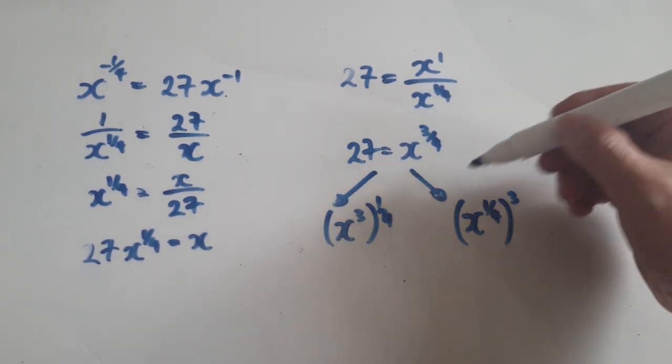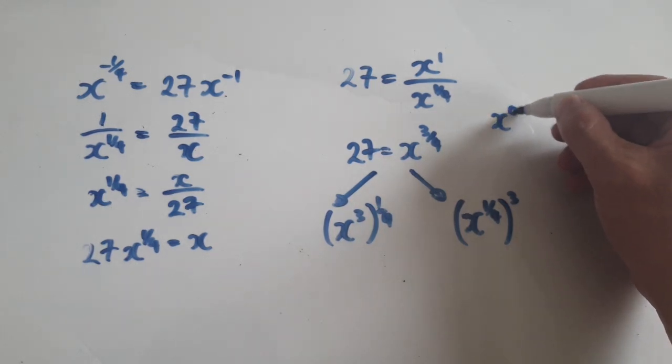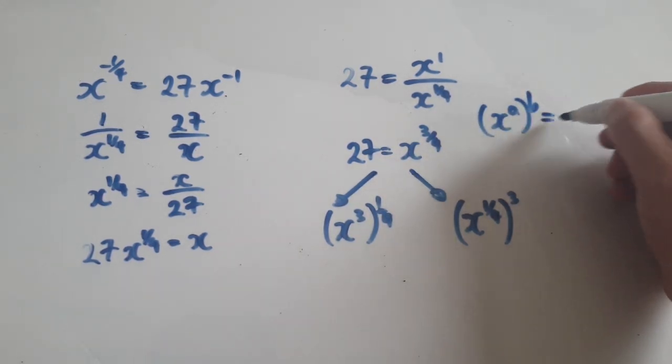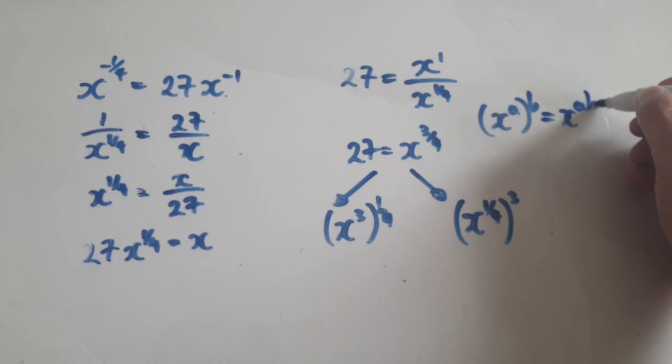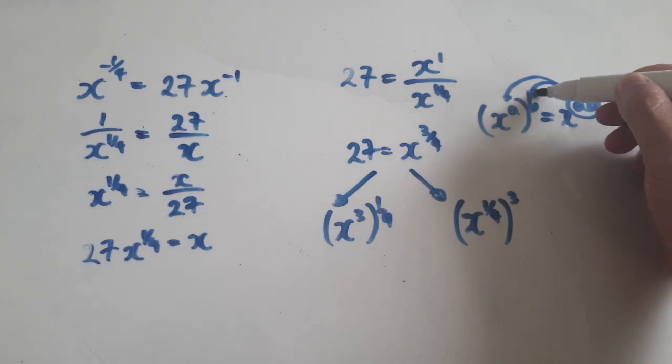And the reason why you're able to do that is because, remember, x to the power of a to the power of b, that equals x to the power of a times b. So whenever someone gives you a complicated thing, you can break it up as one thing times another thing.